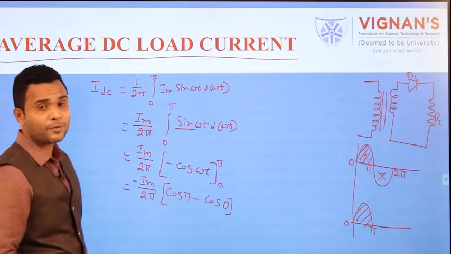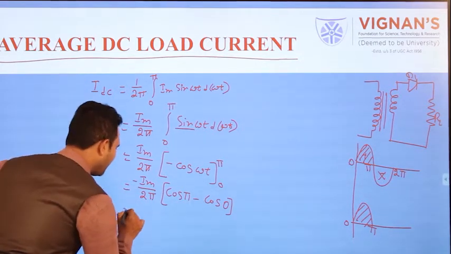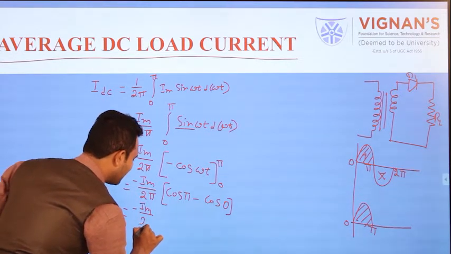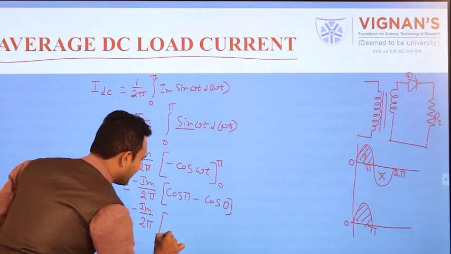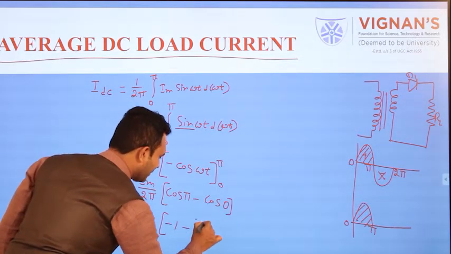What is the value of cos pi? Cos pi is minus 1, and cos 0 is 1.